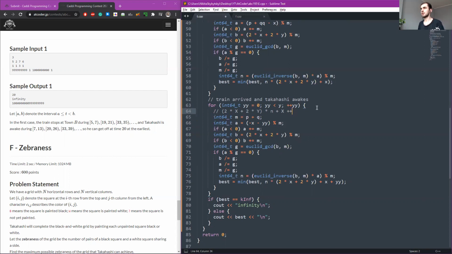For y minutes to be precise. And I say, okay, y goes to that side. We're interested for this to be 0. No, we're interested for this to be p modulo, okay.